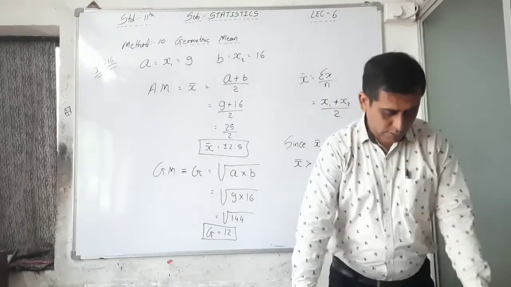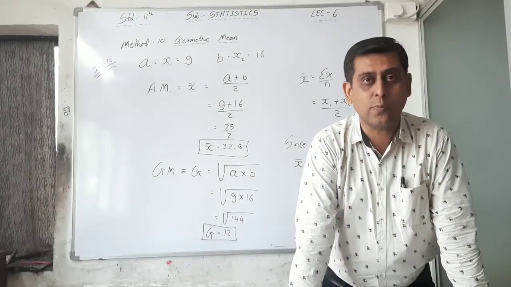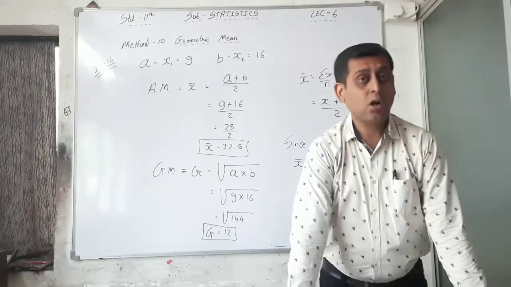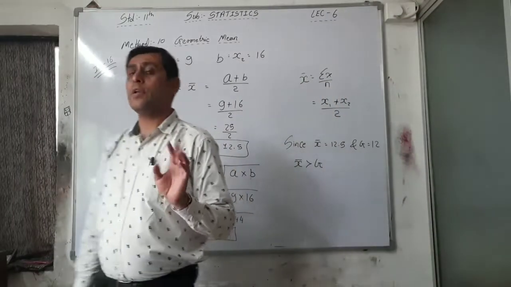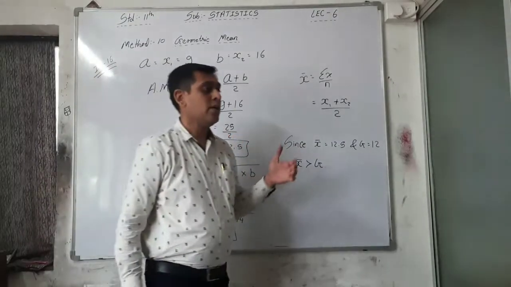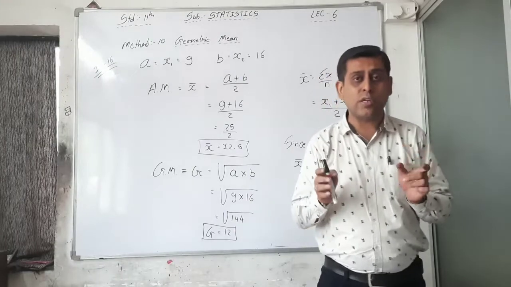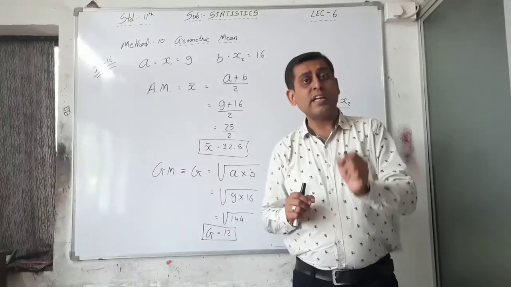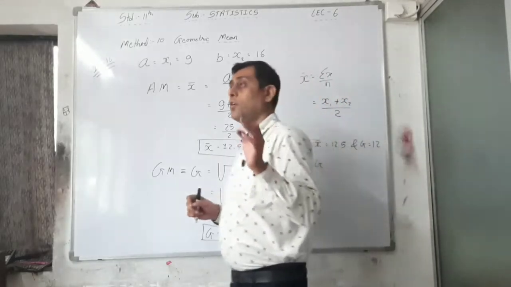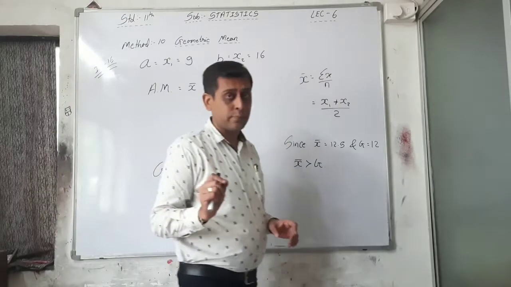Now see, the next one is exercise 3.3. All the sums of exercise 3.3 are of geometric mean, because between exercise 3.2 and exercise 3.3 there is only one topic, that is geometric mean. That's why we can say that all the sums of exercise 3.3 are geometric mean sums.